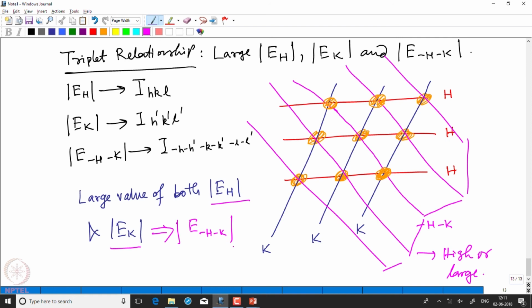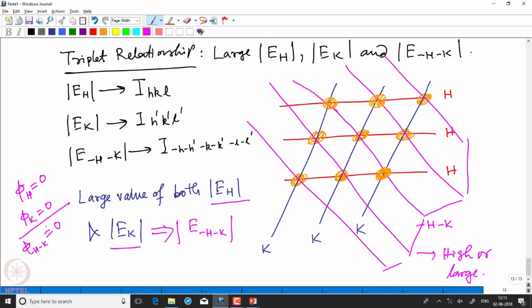So in a centrosymmetric structure, if we see that the phi H is 0 and phi K is also 0, then one can conclude that phi of minus H minus K will also be 0, and all three will be of very high intensity.